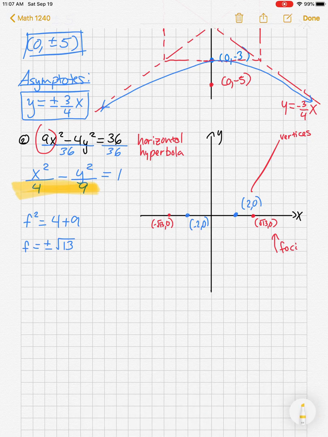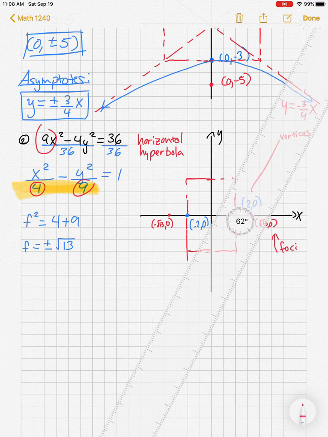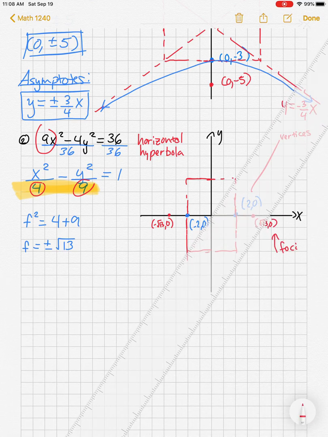So looking here again, to draw my box, I use the plus minus 2s, those are here. Then I need plus minus 3s. That's how I get this box. It's here. Okay, the asymptotes go right through the corners of that box, through the origin.